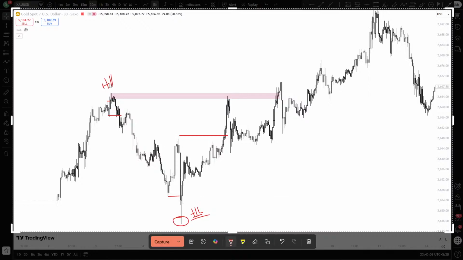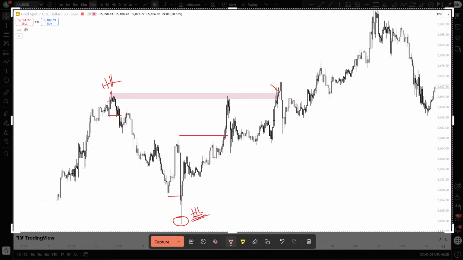So for us to say that we now have this higher low, we have to wait for the market to give us a close, like the way this candlestick closed above this point. Okay, once we have this close, we now know that this is our higher low.